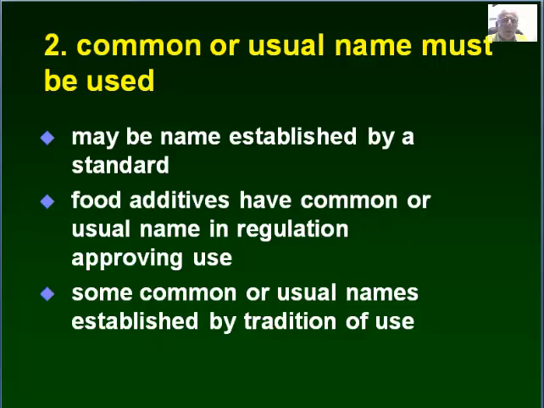And again, if you didn't know, and wanted to make sure that you were using the correct common name for a food additive, you can go to the regulations looking for food additives, and that will provide you with the common name that was established when that particular food additive was approved for use. Some common or usual names may be established by tradition of use of those particular ingredients.